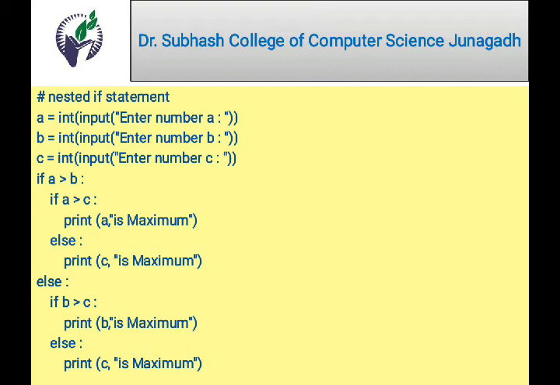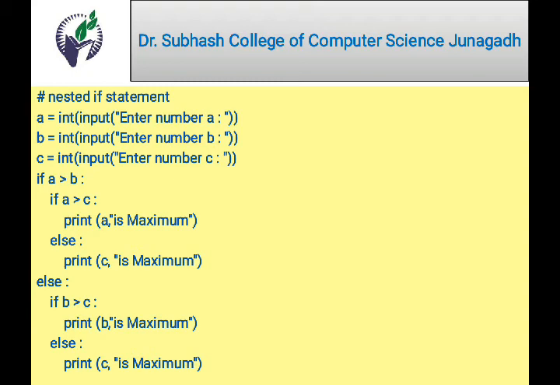But if a greater than b is true, and a greater than c is false, it means c is greater than a. So c is greater than a and a is already greater than b, so c is greater than both a and b. In such a situation, else, we write c is maximum.